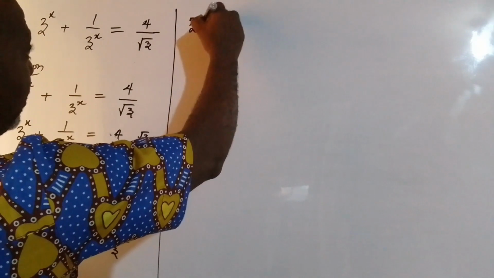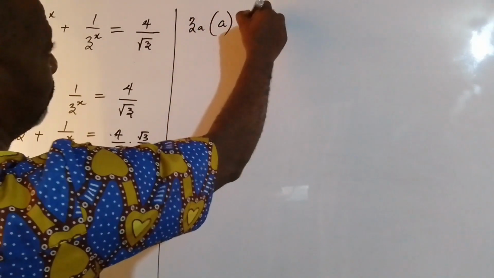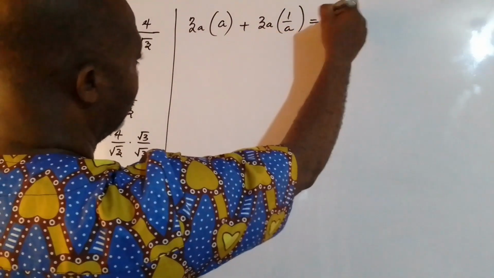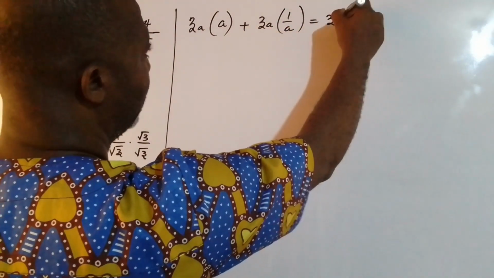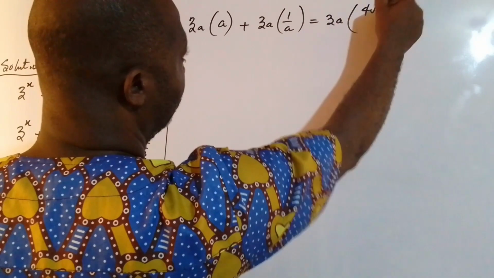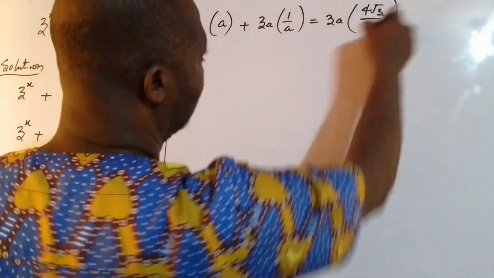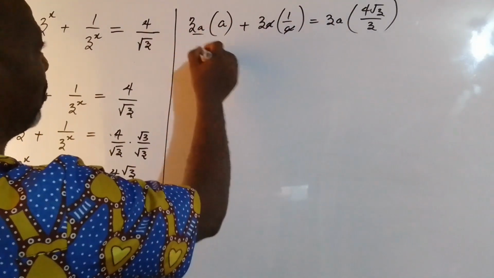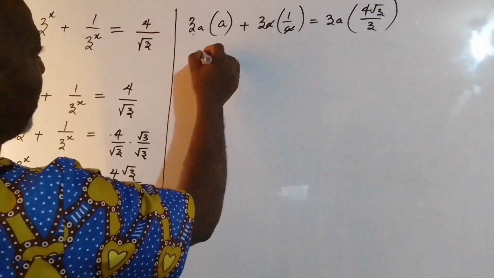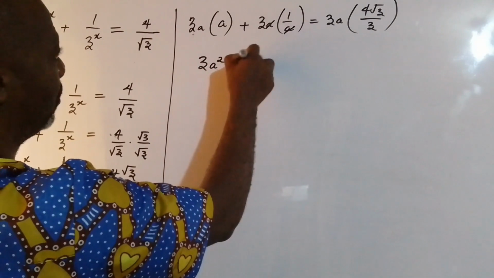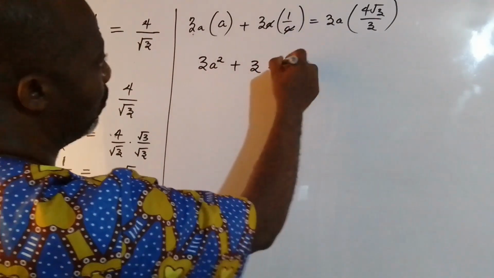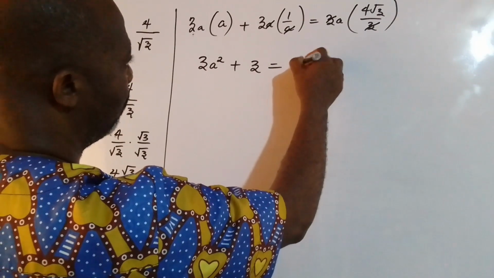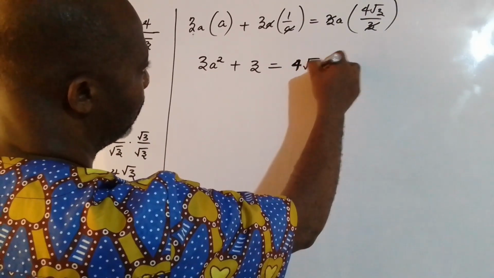So we have 3a times a plus 3a times 1 over a equal to 3a times 4 root 3 over 3. So we have a cancels a, so this becomes 3a squared plus 3 equals 4 root 3a, since the 3 and 3 cancel.